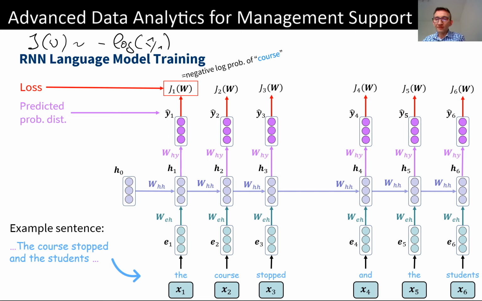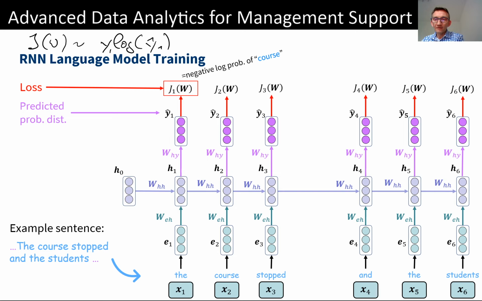Why is that? Because we multiply that with y1, which I said is a one-hot encoded vector with a single element being 1 at the place of the word course.